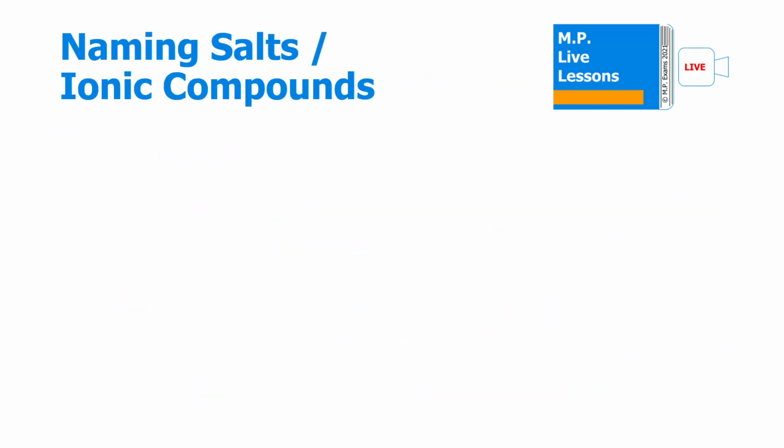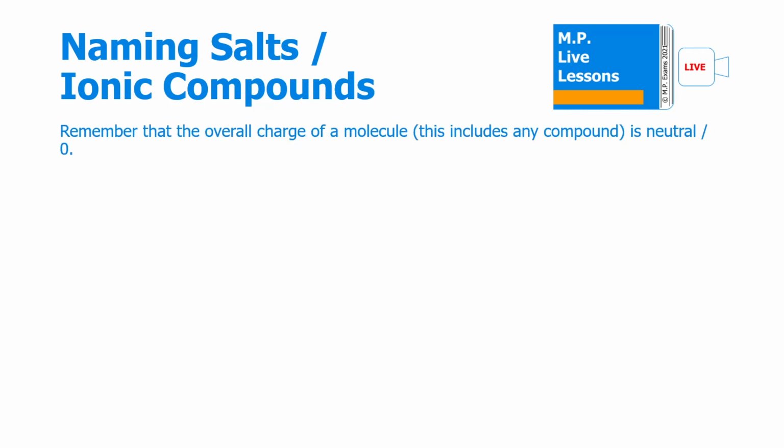Now, using these ions, we can name some salts. So salts are ionic compounds, made up of a metal and a non-metal. So remember that the overall charge of a molecule, like any compound, element, and so on, is neutral or zero. So we need to have the same positive charge and negative charge, or they need to balance each other out.